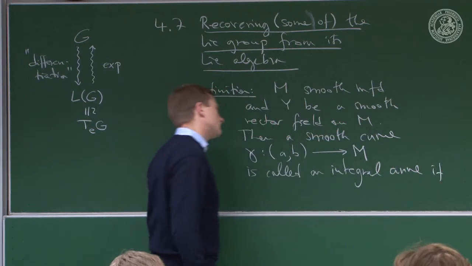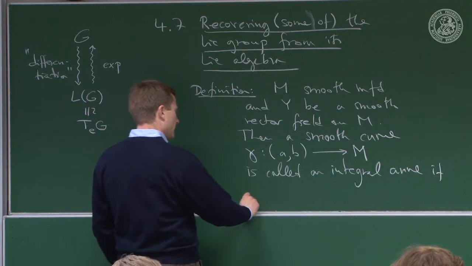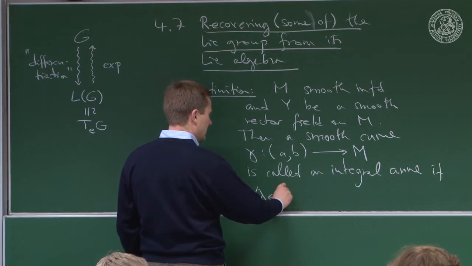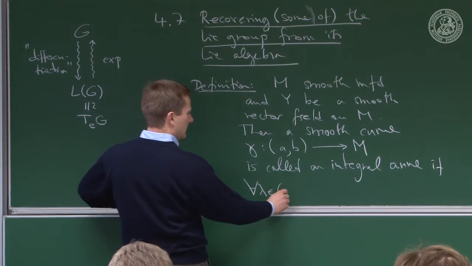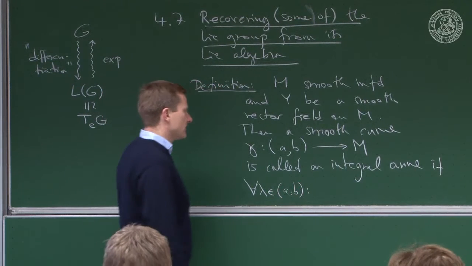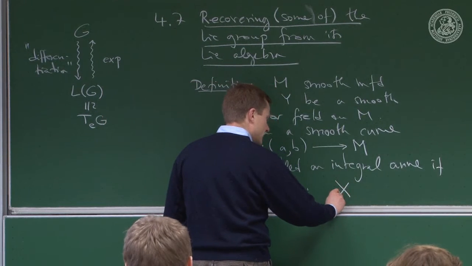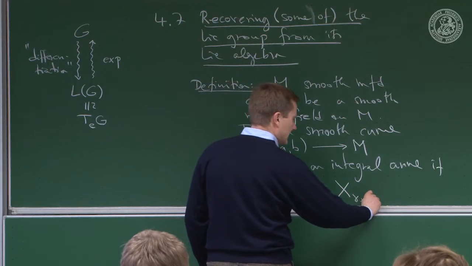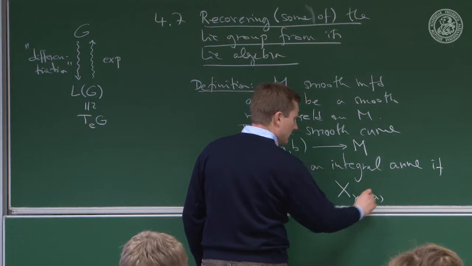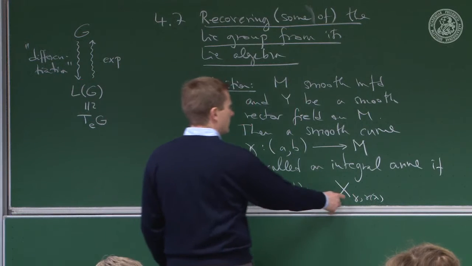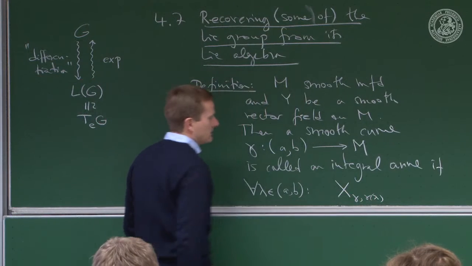If for every point along the curve, that means if for any parameter value lambda in the interval AB, it is true that the tangent vector to the curve at the point gamma of lambda, remember we always indicated the tangent vector to a curve by this symbol, at the point.